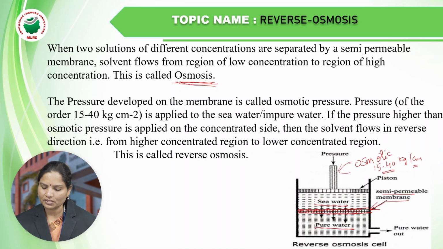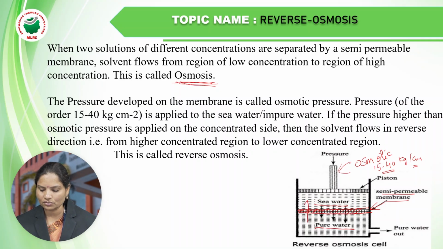Whenever we apply this pressure on the concentrated side of the membrane, the solvent flows in the reverse direction, that means from higher concentration to lower concentration.